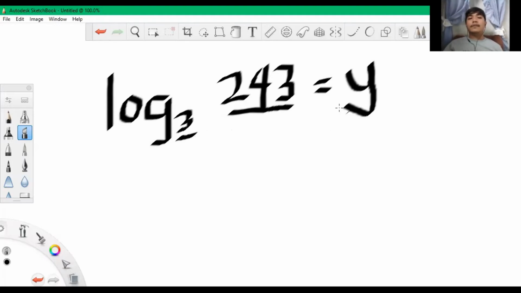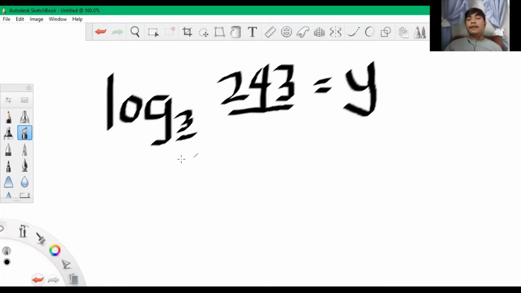So, para po mas ma-solve natin siya, kung kanina, nag-convert tayo from exponential form into a logarithmic form, gagawin naman natin siya pabalik para mas mabilis natin siyang i-solve. So, we have to convert this logarithm form or logarithmic function into an exponential form.